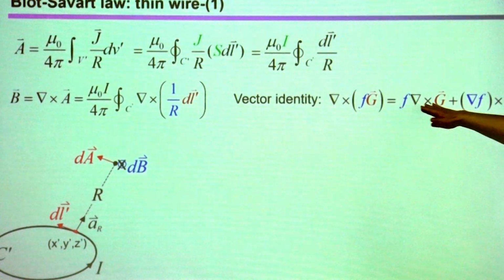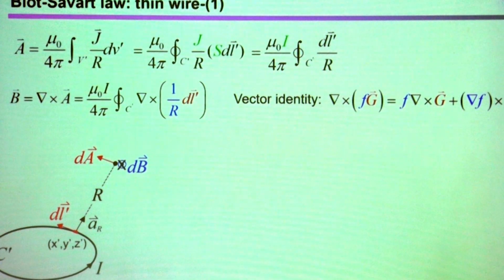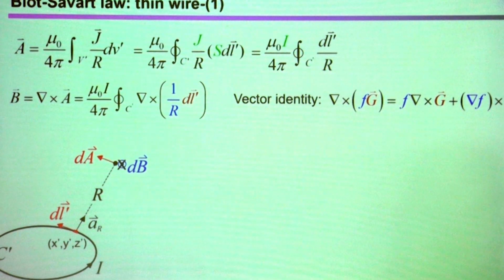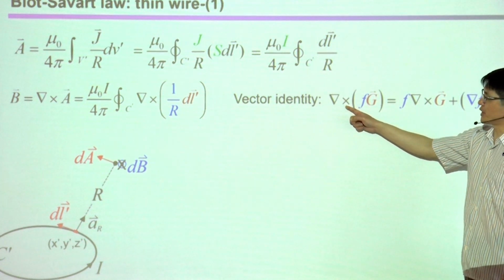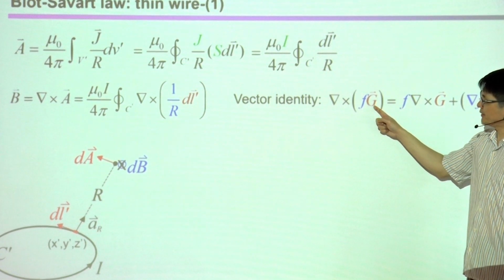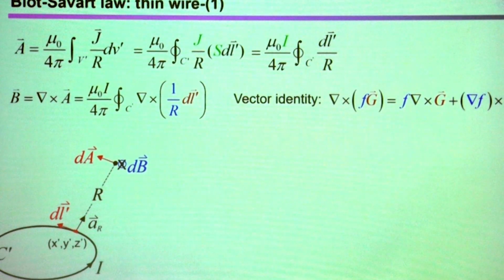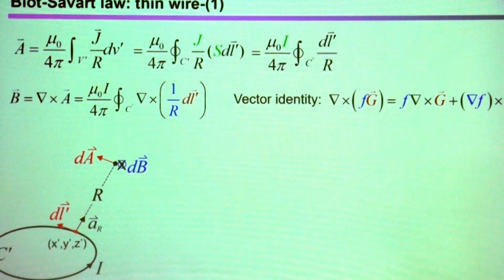So I have to borrow the vector identity from the textbook. Okay? So if I perform the curl operation on the multiplication of a scalar and a vector, that can be decomposed into two parts. That's fine.